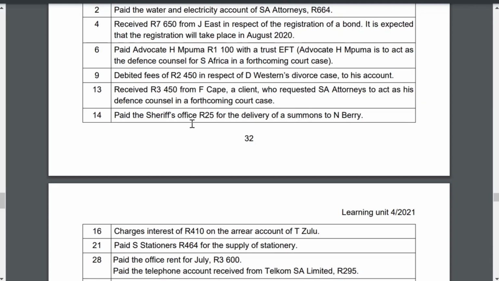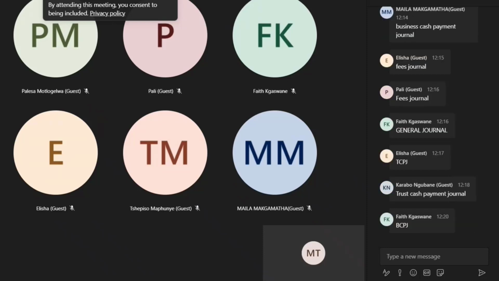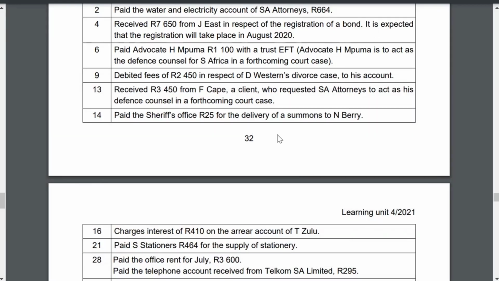Alicia has changed to say trust cash payment journal, Karabo is saying trust cash payment journal. Where would you record transaction number 14? Alicia is saying trust cash payment journal, and Karabo is saying trust cash payment journal. Faith is saying business cash payment journal.